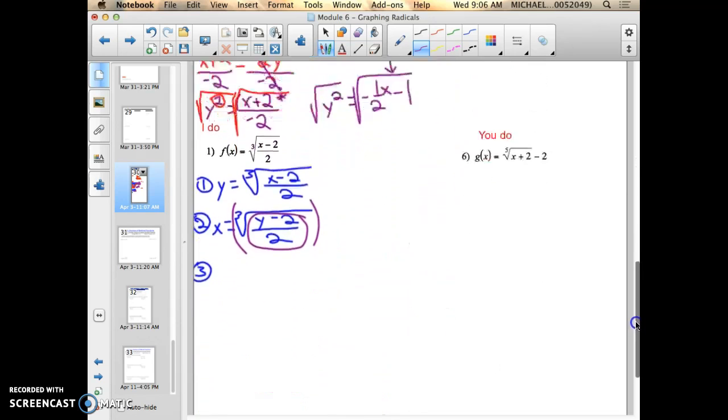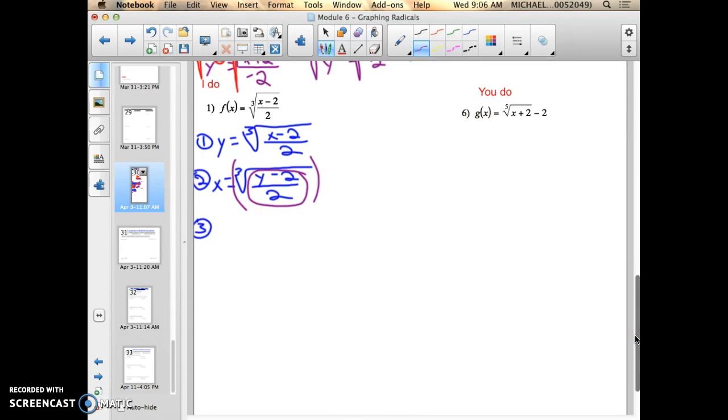The inverse of a root is the same power. So we're taking the cube root, which means I have to raise it to the power of 3. Whatever I do to one side, I have to do to the other side. So now I have x cubed equals, the power of 3 and the radical 3 cancel out. So this becomes free underneath that: (y minus 2) divided by 2.